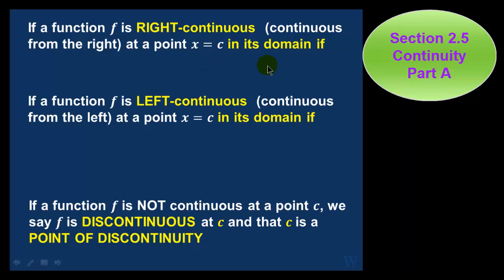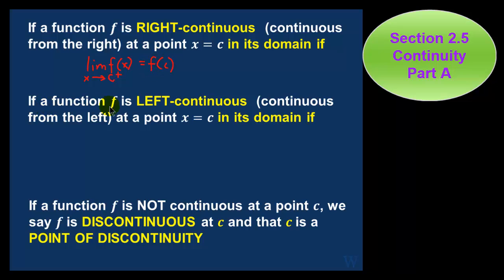Let's recap what we just said. A function f is right continuous at a point x equal to c in its domain if the limit of f of x as x approaches c from the right is equal to f of c.